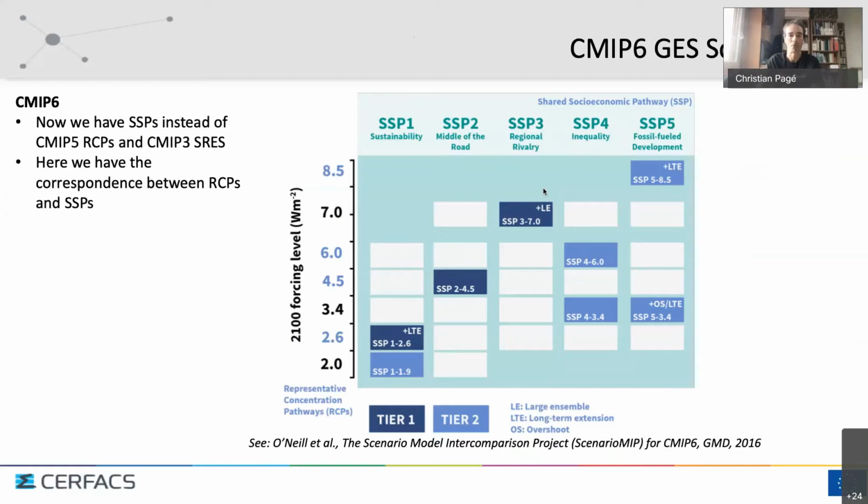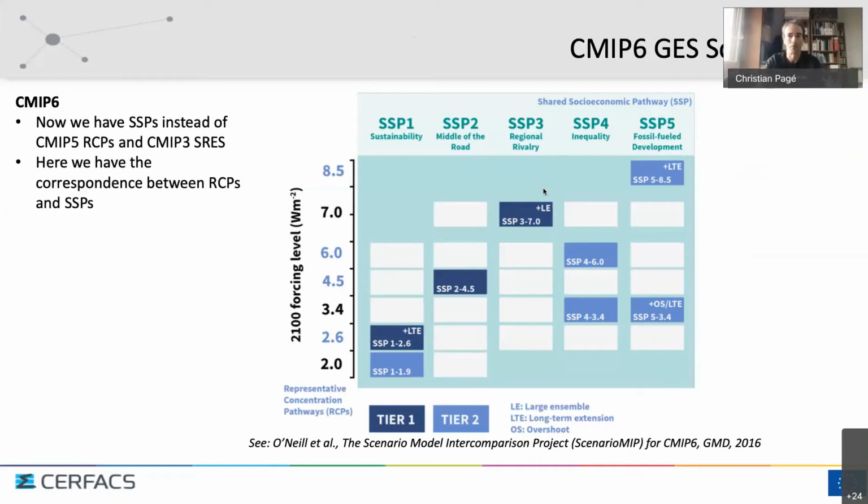So we have different paths, and we don't know exactly which one we will follow, depending on how people will follow guidance and what the countries will do to reduce those greenhouse gases. We have five different ones.